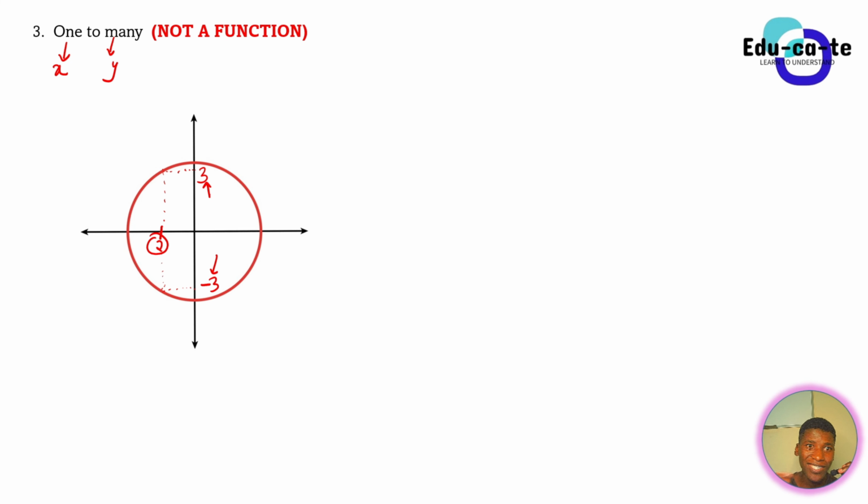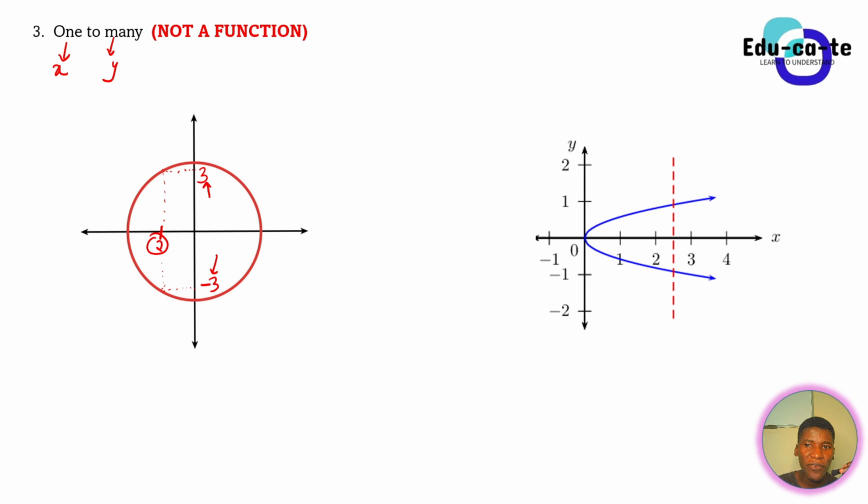So a circle is not an example of a function. You can take this one. This is known as an inverse of a parabola. An inverse of a parabola is not a function as well, because you can take this x value here of 2. If you link it to the y-axis, you are going to find negative 1 and 1.